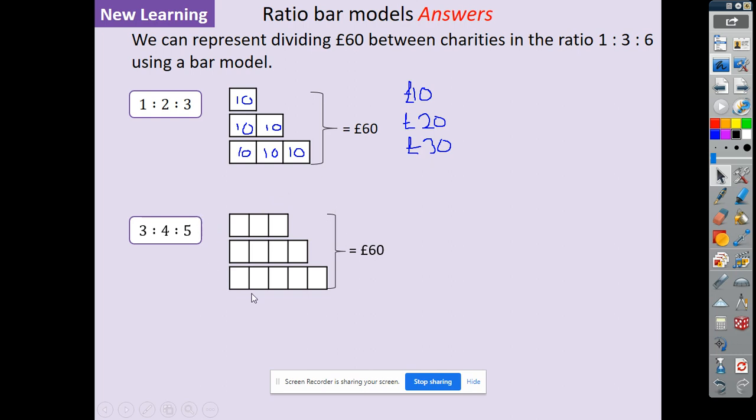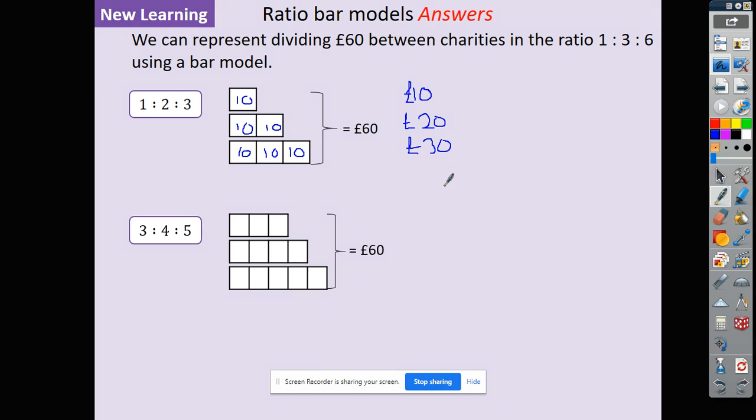How much am I sharing that £60 between this time? I've got 1, 2, 3, 4, 5, 6, 7, 8, 9, 10, 11, 12. So how much is each one worth? It's going to be worth 5. 60 divided by 12 is 5. So we can write 5 in each of those.